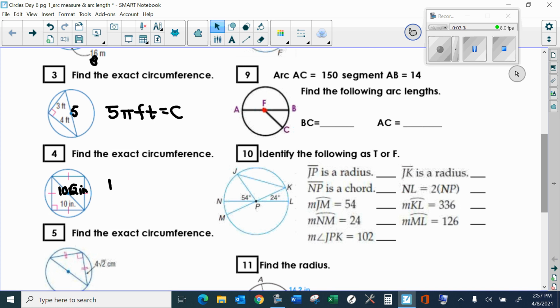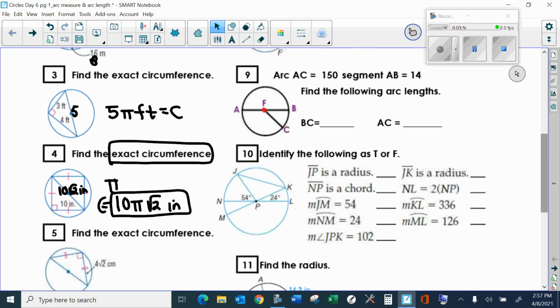So pi d, so I'm going to have 10 pi root 2 inches for my circumference. Exact. Notice this is exact. Exact means you must leave pi in the answer. You cannot put pi in the calculator and get any decimals. Everything is exact. You can't put the square root of 2 in the calculator. It gives you a decimal. That's not exact. That has to stay exact.